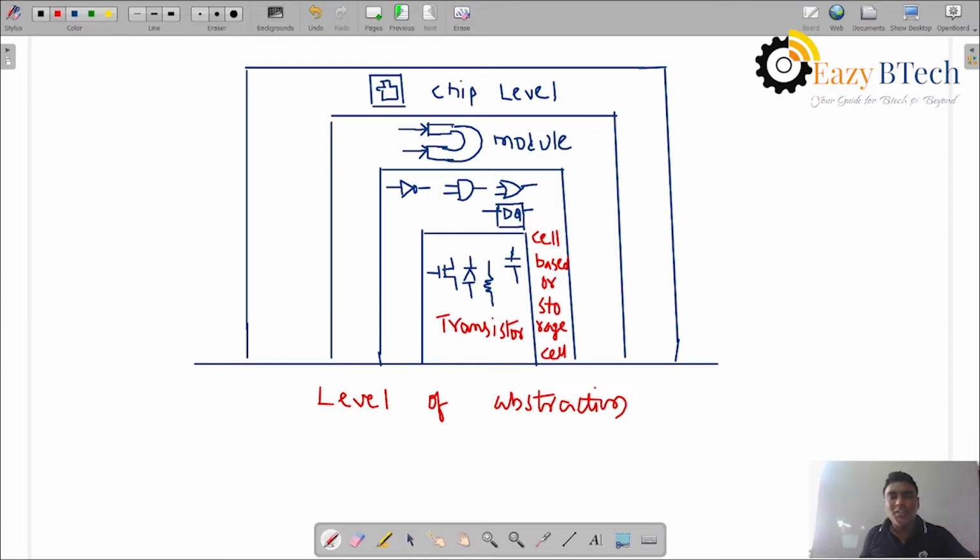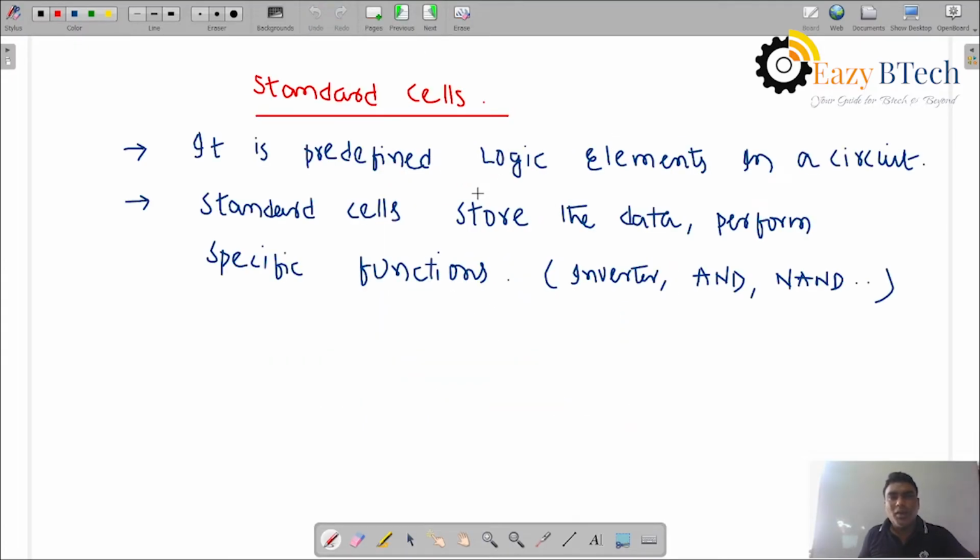So cell based design is for predefined elements in the circuit, to store the data and perform specific functions. Inverters, NAND gates and flip flops are used.